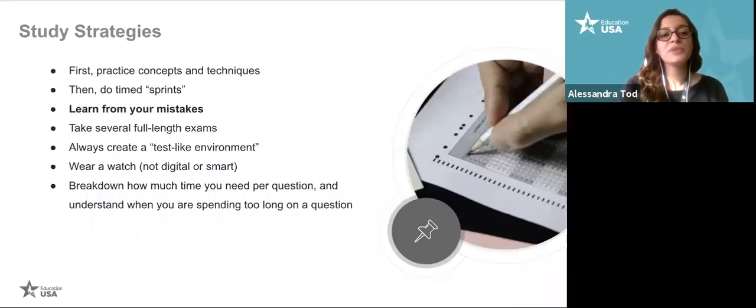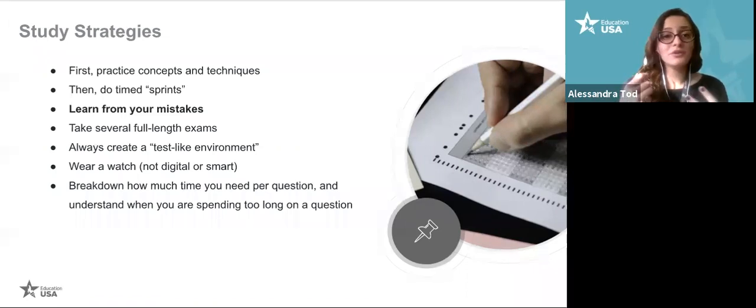Also, when you are studying, try to time sprints, like time sections. For the reading part, try to have 60 or 65 minutes for this part, and make sure that you are filling all the time and getting all the answers.